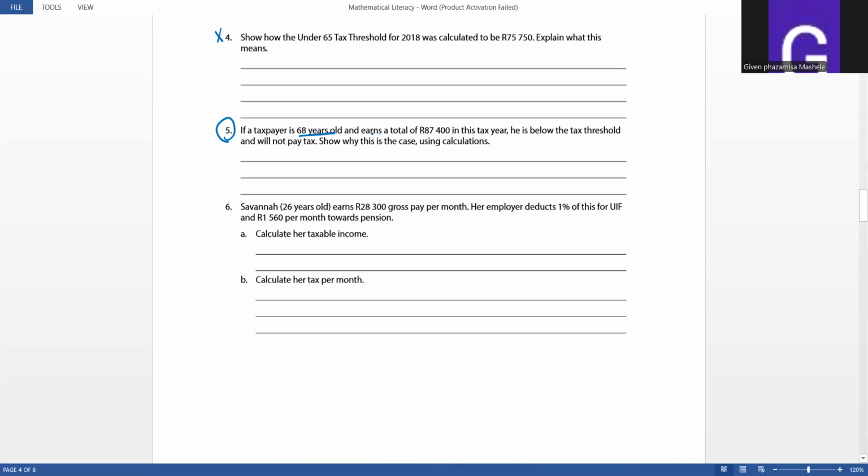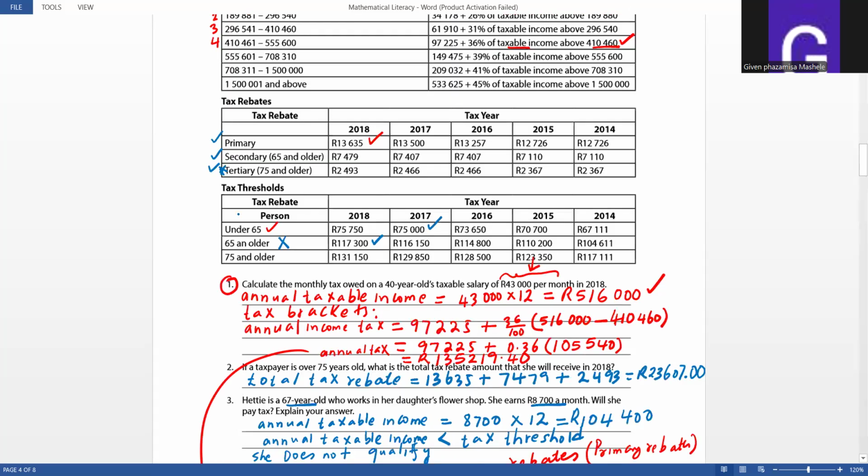Obviously, when you check this, he's falling in the first bracket, between 0 and 180 something.